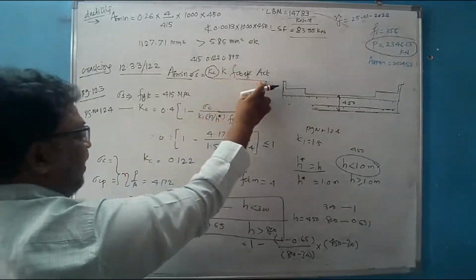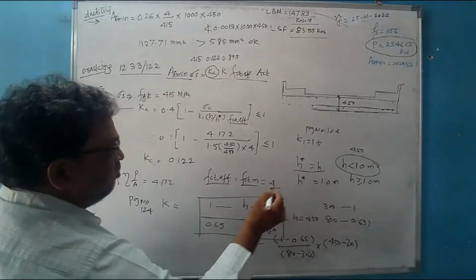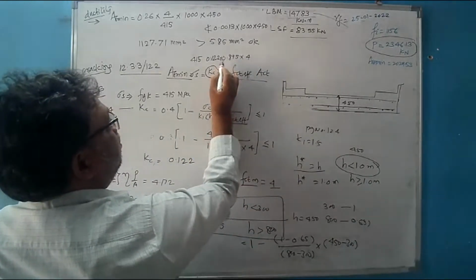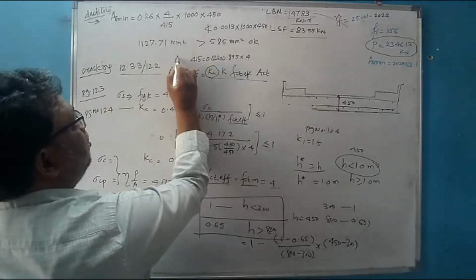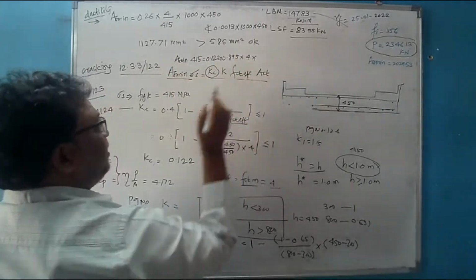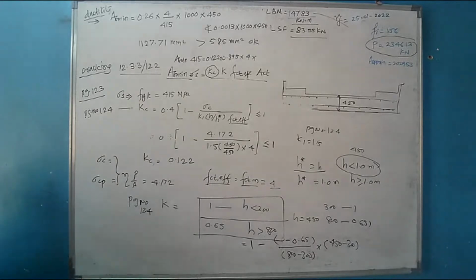Now FCT effective अभी मेरे पास था. FCT effective is equal to this, multiplied by 4, multiplied by what is ACT? What is ACT? ACT is defined here.